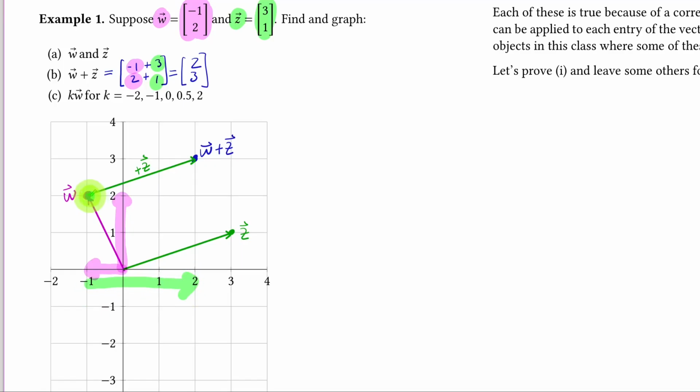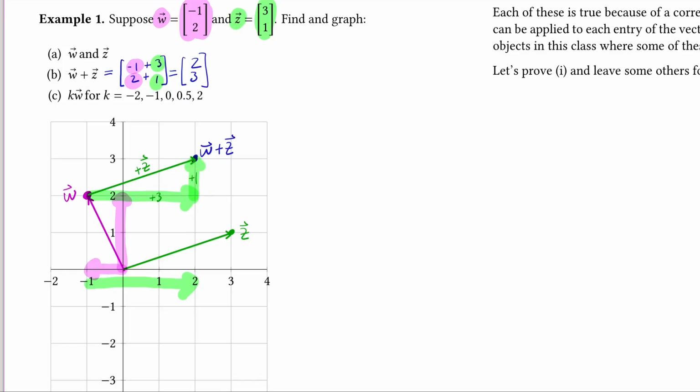Or you could draw it from this point over there. There's that +3. And so that gets you to that same x component you want. And for the y component, we're starting at W, which has a y component of 2 here, and then we're adding that 1 using the definition with the components. And that 1 is the plus 1 component of Z. And so you can see why that works.